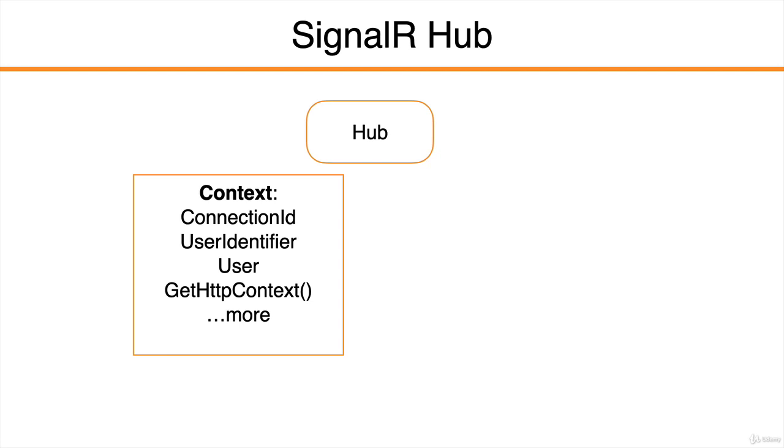If the user's authenticating with a token, then we can get the user ID from that token just by using user identifier. We've also got access to the user object, which is the claims principal. We've used that before to get the client's claims from their token. And we can also get access to the HTTP context, and this can give us access to things like query strings that we use to make the connection over WebSockets to the hub.